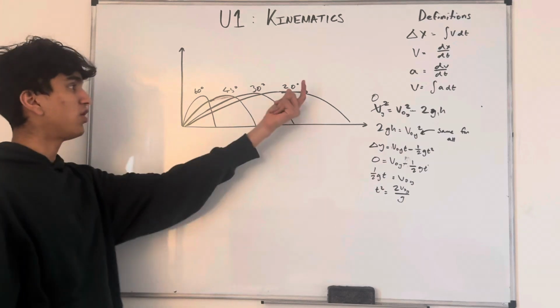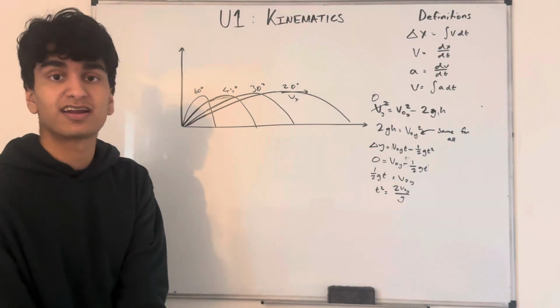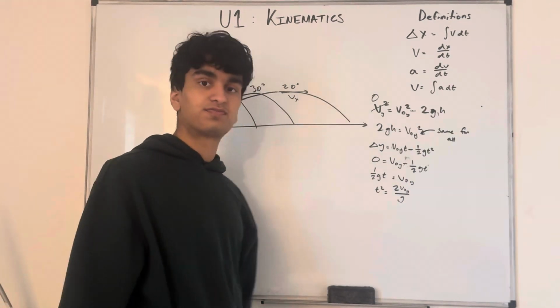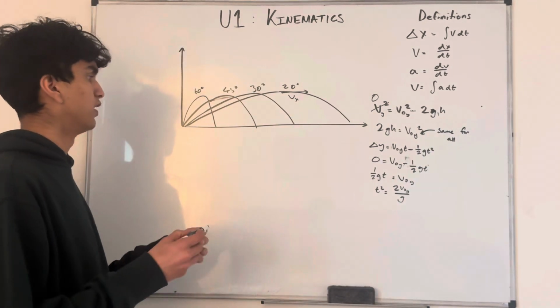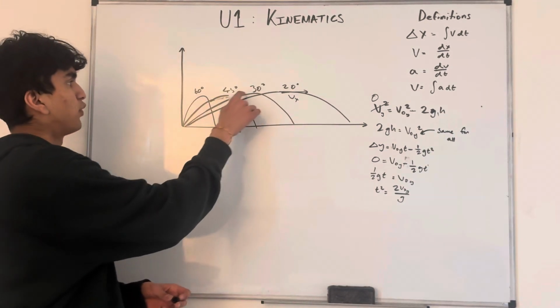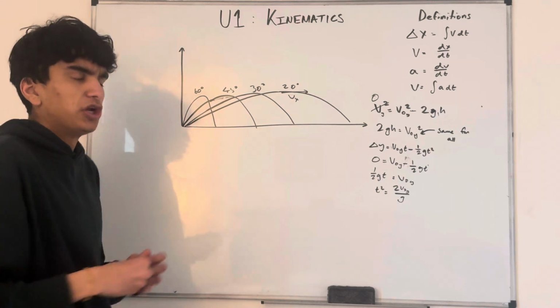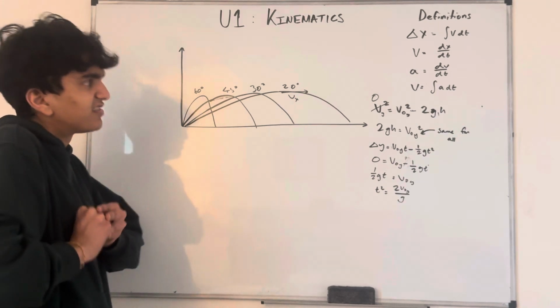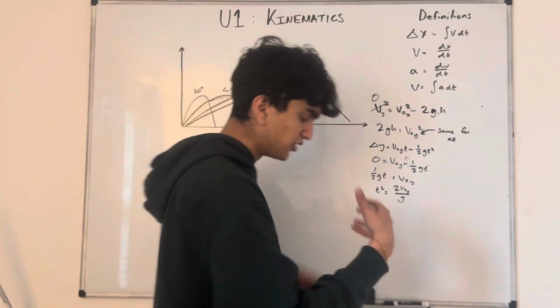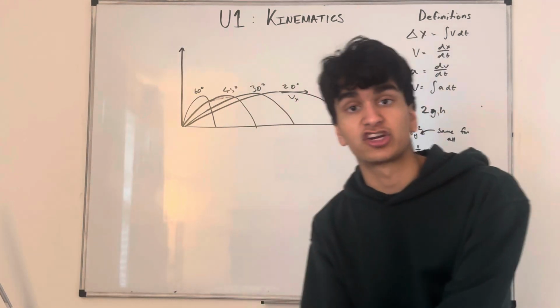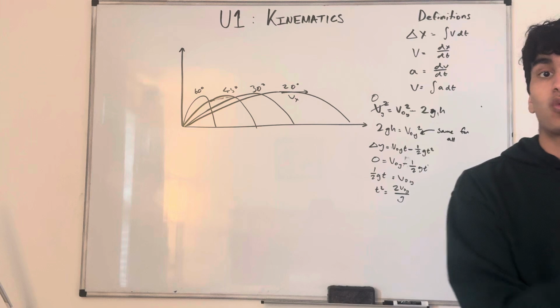That means this ball kicked at 20 degrees got kicked with the most speed, right? Like it's moving the fastest at these points right here, but it still has the same time in the air. So that shows that the x direction motion is separate from the y direction motion.